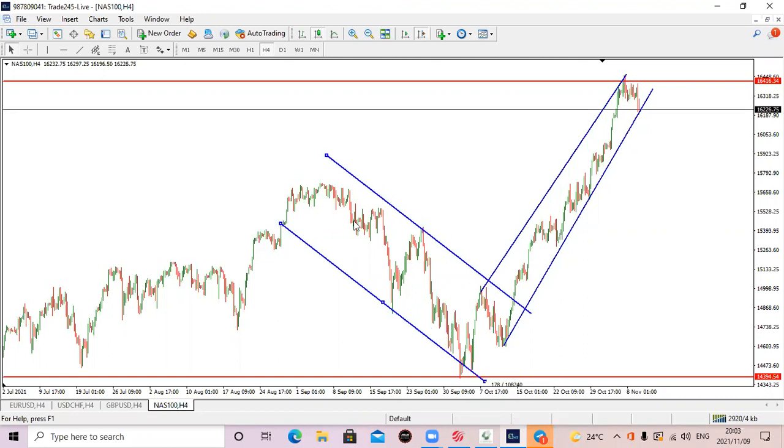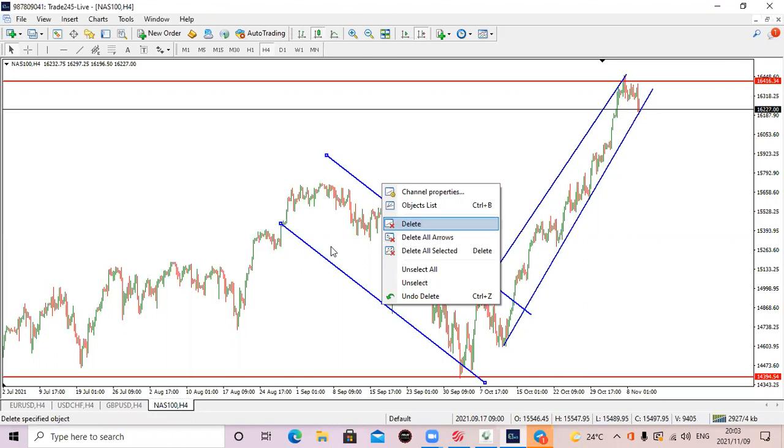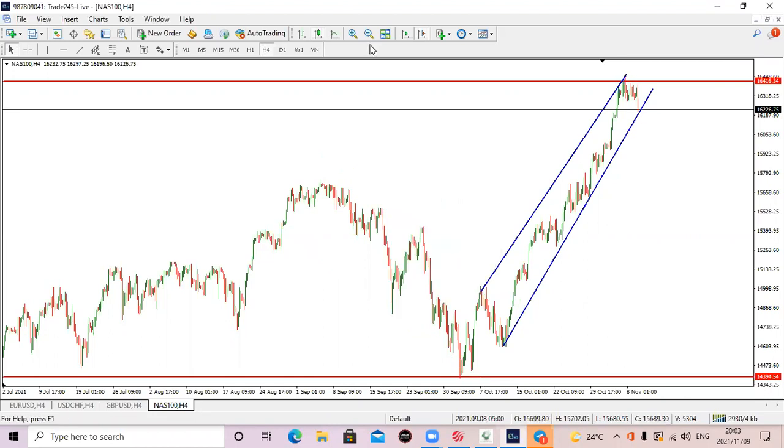That was when the market was going down, but now the market decided to go all the way up, right? Let's not concentrate on this one too much, I'm just showing you how to mark the structure. So the market was going up, right?